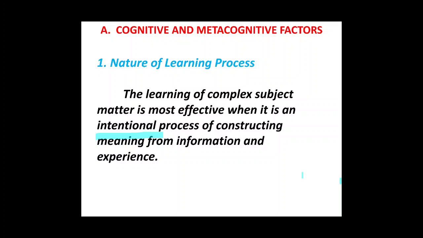They will already have an idea of what is going to be taken up and how that class will go. Para sila mismo magkaroon ng focus, so that the learners themselves will also have a specific direction in their mind with regards to their learning.